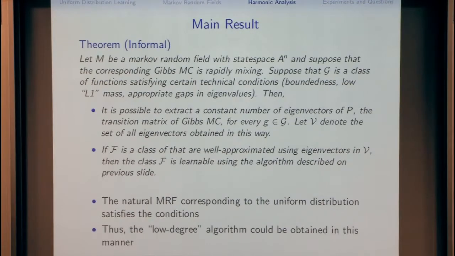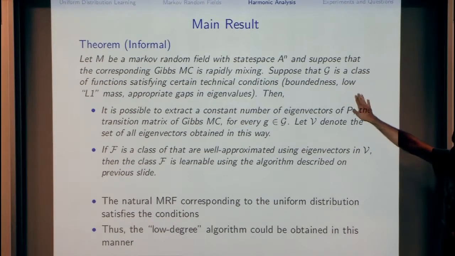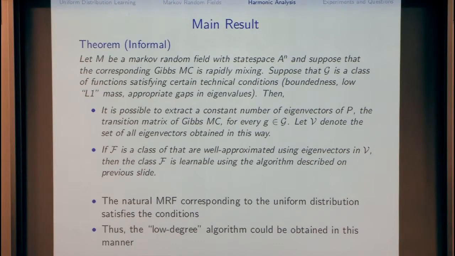For want of having at least one slide that says theorem on it, let me write a very informal version of what you can prove. If you have some Markov random field defined on some state space, and a class of these functions g, where each function needs to satisfy some technical conditions. I have not stated them very technically here, but at least these functions are bounded, and they have low L1 mass in some sense.